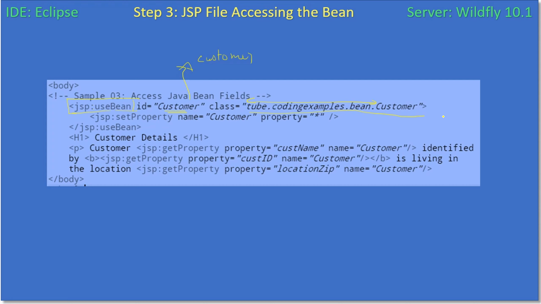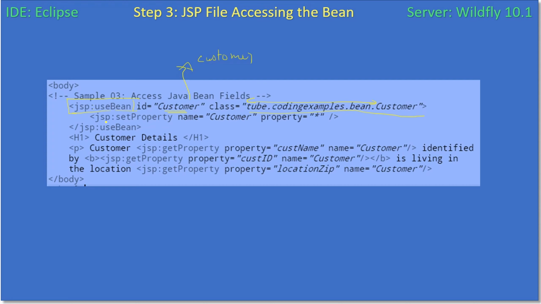So it has 3 private fields and 3 public getter and setter, and all the private fields are respecting the camel case. So that had the eligibility of living as a bean. So that bean here we are referring, and inside this JSP we will refer this class as a customer.